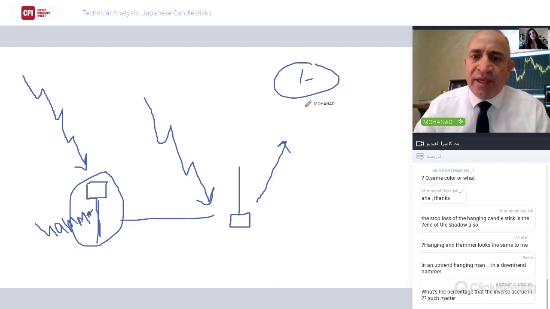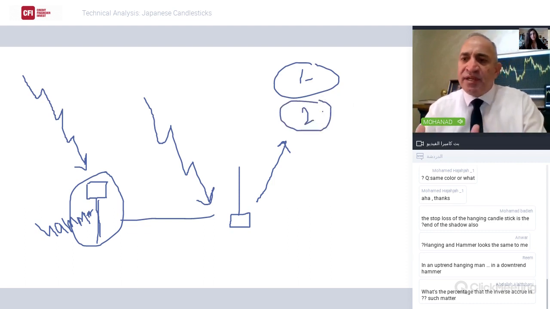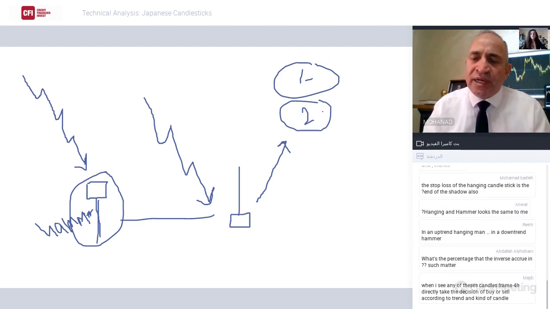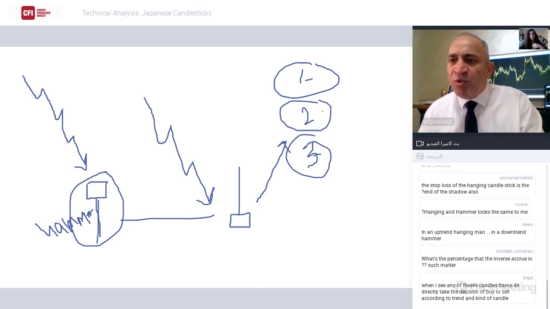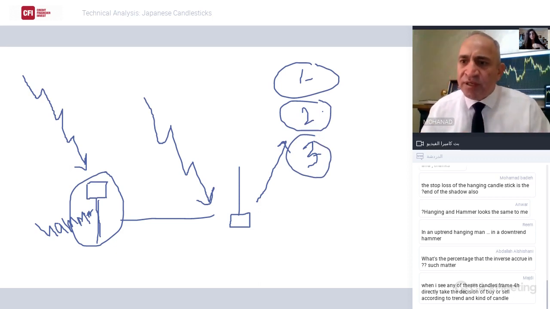The second criterion: if the candlestick appears near a moving average. As we know, the moving averages are support or resistance levels. And the third criterion: if the candlestick appears with an overbought or oversold condition.